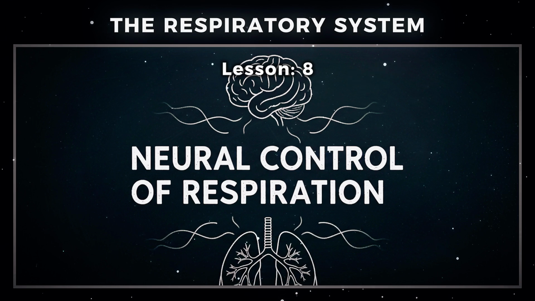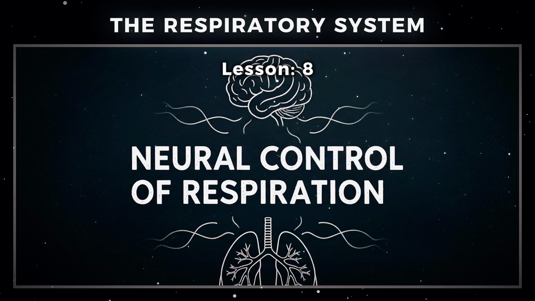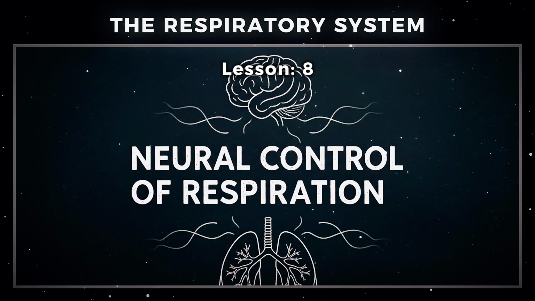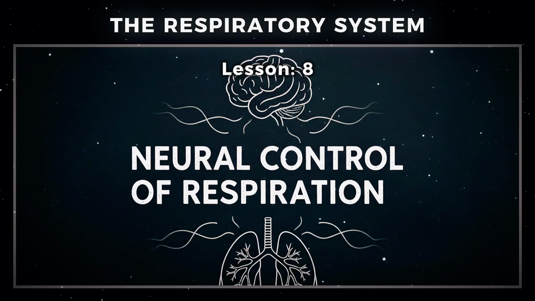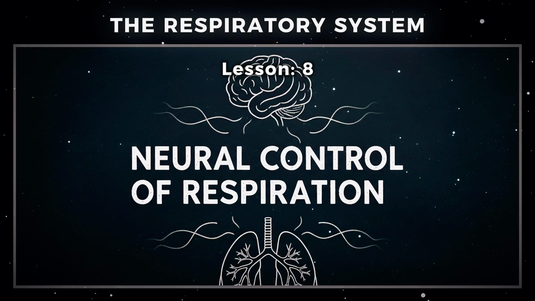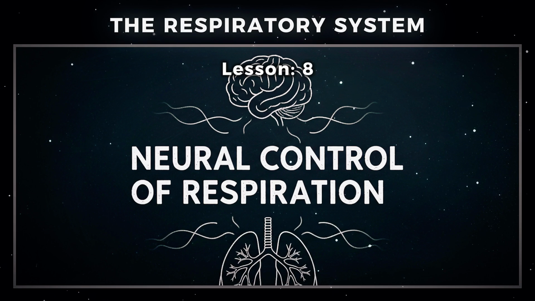While CO2 is the primary driver, oxygen does play a role, but usually only in extreme circumstances. Our peripheral chemoreceptors in the carotid bodies do monitor oxygen levels, but they don't generally sound the alarm until the partial pressure of oxygen drops quite significantly, from a normal 100 millimeters of mercury down to about 60 millimeters of mercury.